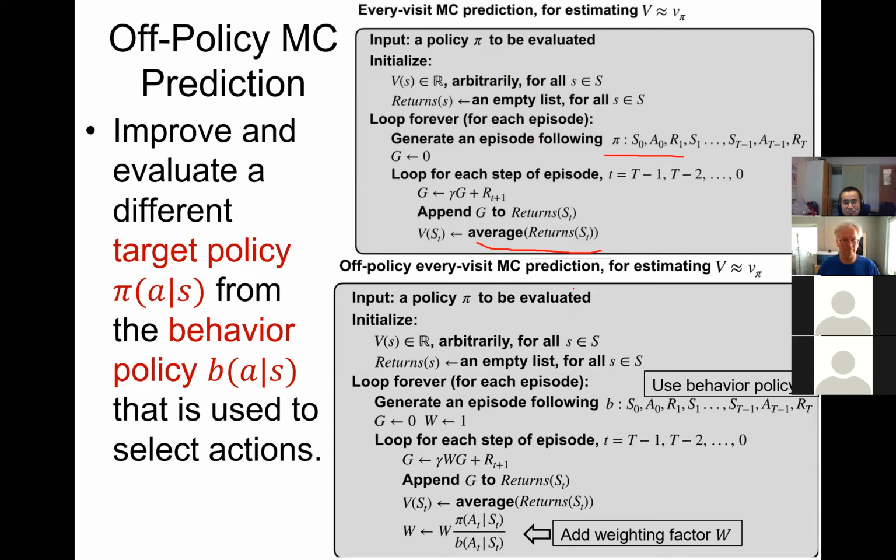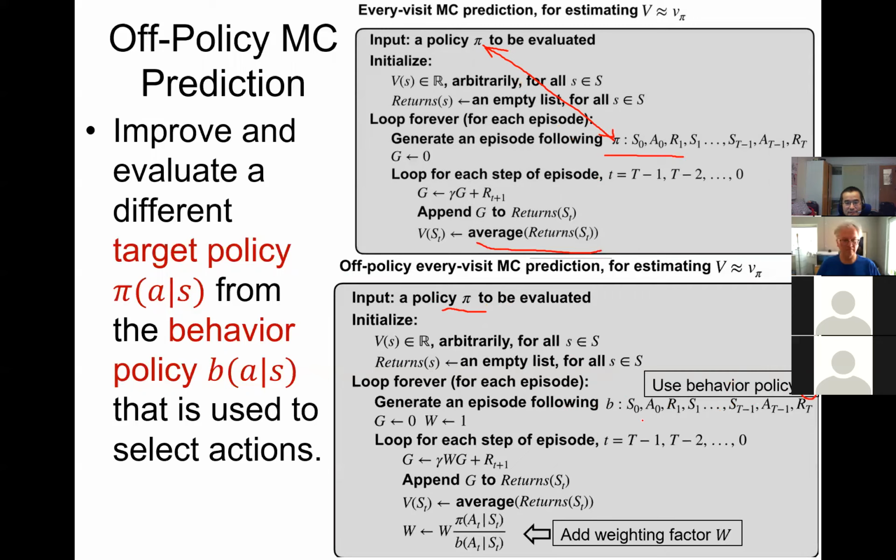But now we are doing the off-policy MC prediction, which means that we are trying to evaluate a policy pi, but our behavior has a policy B, a different policy. Whereas in the previous on-policy approach, the policy to be evaluated and the policy to be executed are the same.